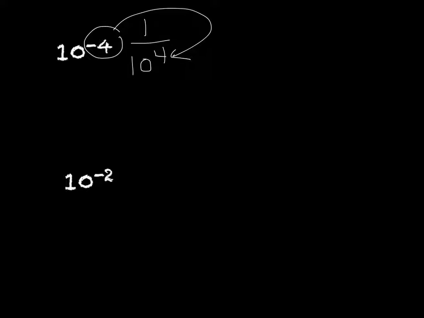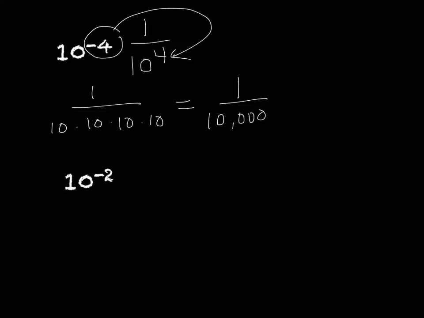We can set this up in expanded form to look like 1 over 10 times 10 times 10 times 10, which is the same thing as 1 over 10,000, with 4 zeros. Then we can convert that into decimal form, and you can divide that on your calculator. 1 divided by 10,000 would equal 0.0001.